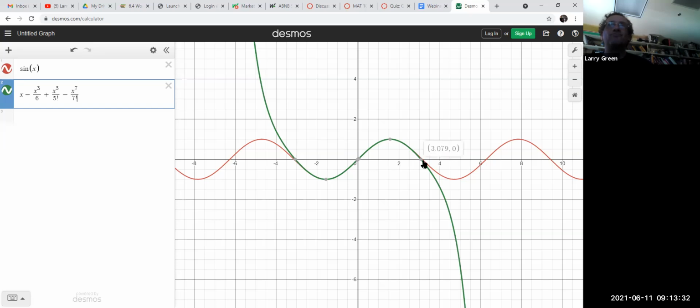Probably around negative pi and pi actually is where it starts losing it. But anywhere else, it's like right on. And if I did the next bunch of them, it'll go even farther out. And it'll get better and better as an approximation, which means you can go farther and farther out and have less and less of an error.